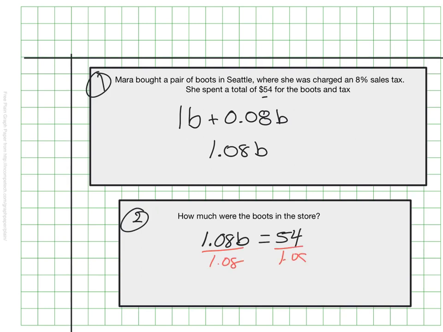So I'm just going to go ahead and divide both sides. That leaves me with B. And I know that 54 divided by 1 8/100 is 50. So she must have spent, the boots were originally priced at $50. So she spent $50 on the boots, and the extra $4 was the tax.